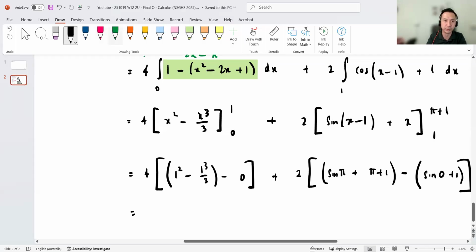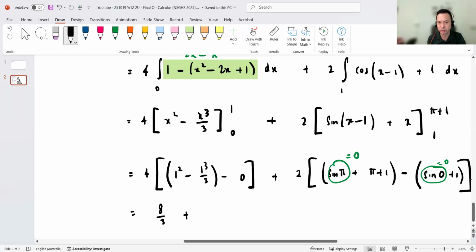Okay, now we know that sine pi is 0 and sine 0 is 0. So all you're going to get, what's that, guys? That's 1 minus 1/3, so that's 2/3, so that's 8 on 3 plus 2, what's that? The ones cancel out, so it's just pi.